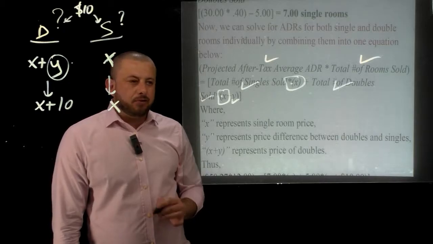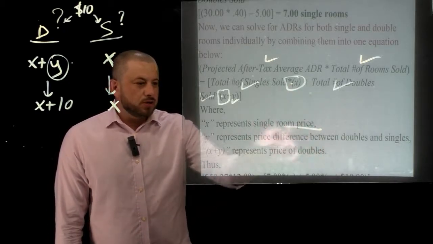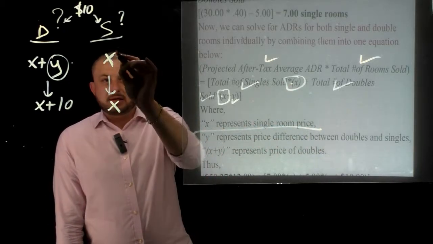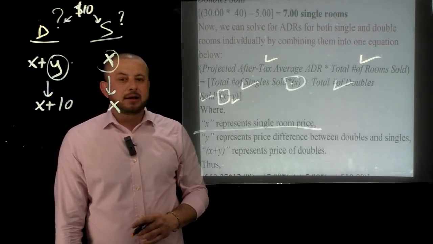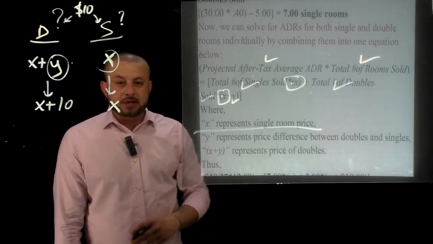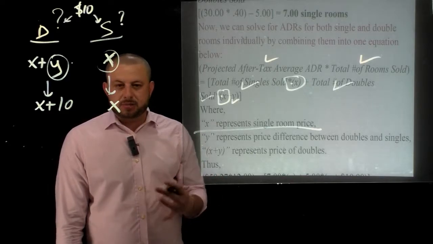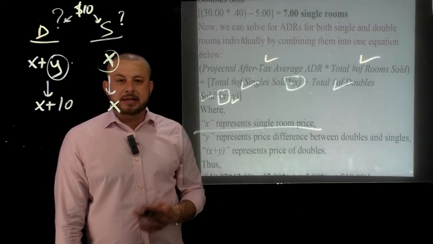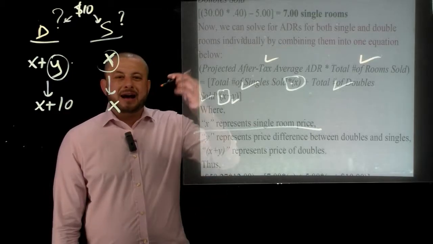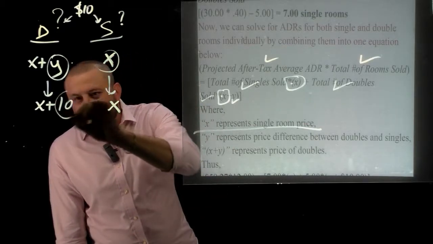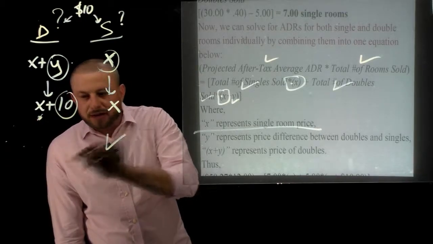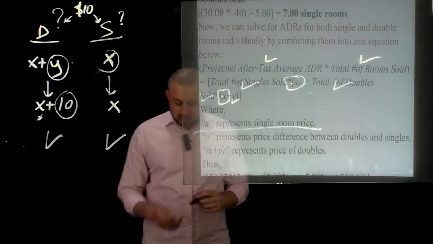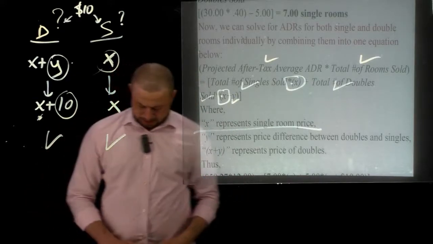Therefore, if I find the x, which is the single room price, I will be able to find the price of single. And after that, if I add $10 to that number, because look at the x over here, the same x's, I will be able to find both ADRs for both single and double rooms.